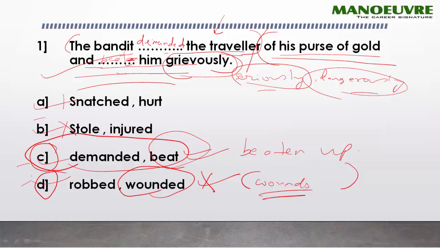The bandit demanded the traveler of his purse of gold. Now, since the bandit had demanded the traveler's purse of gold, he then beat him very grievously, very seriously, that injured the traveler very badly. Alright, so this is one way where we can use our connections.